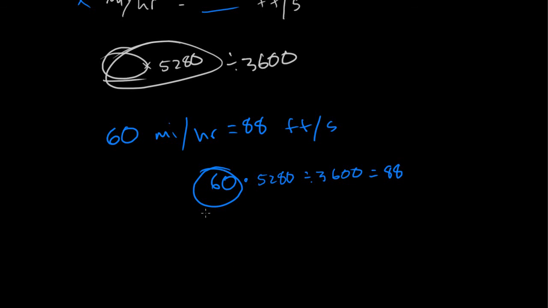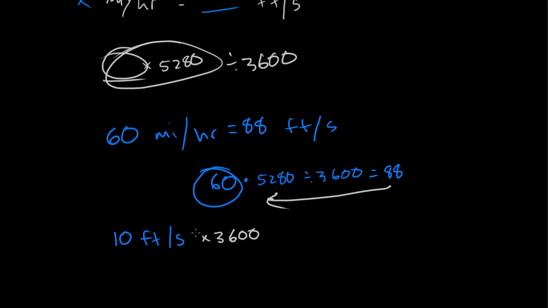Well, how would I then turn feet per second into miles per hour? Let's say that I was able to jump 10 feet per second. To convert this into miles per hour, I'd just be moving this way, starting at feet per second and trying to get back to miles per hour. So I'm going to start by multiplying by 3,600, just doing the opposite of what I had here.